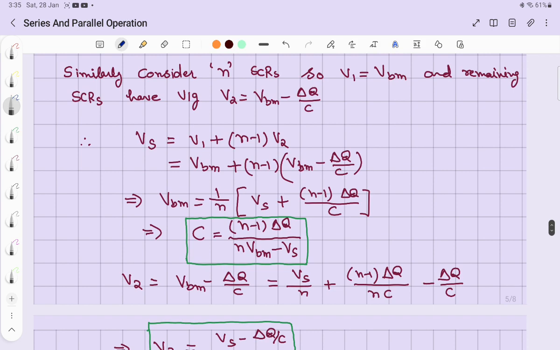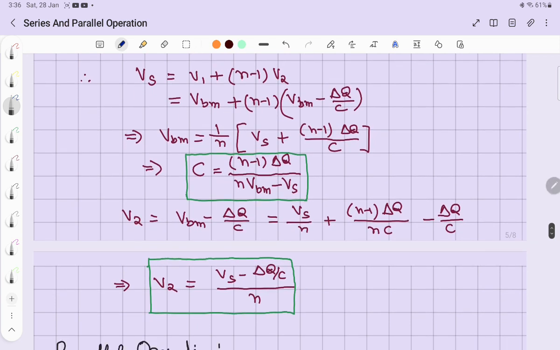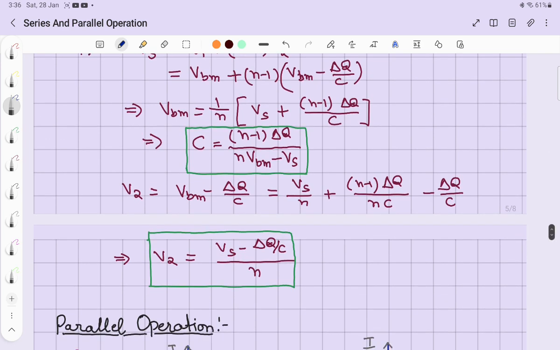On the basis of this we can calculate the maximum voltage, which is equal to 1 by n bracket Vs plus n minus 1 delta Q by C. So from here we have the value of C. Now V2 would be given by Vs minus delta Q by C. So this is the value of capacitor C. Right?